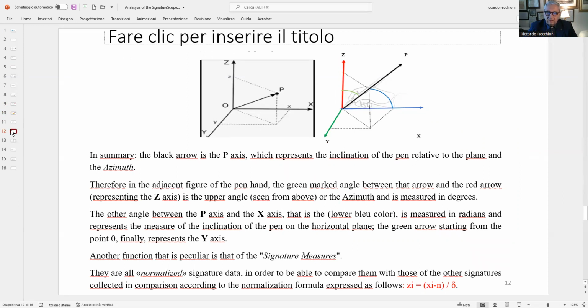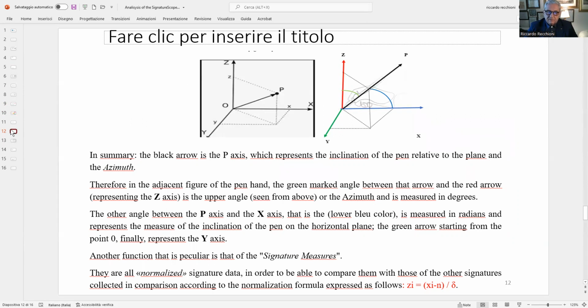The other angle between the p-axis and the x-axis, the lower blue one, is measured in radians and represents the measure of the inclination of the pen on the horizontal plane. The green arrow, starting from the point 0, finally represents the y-axis.